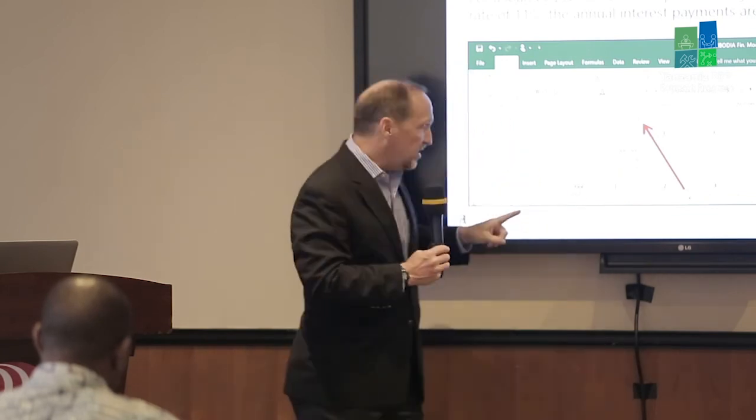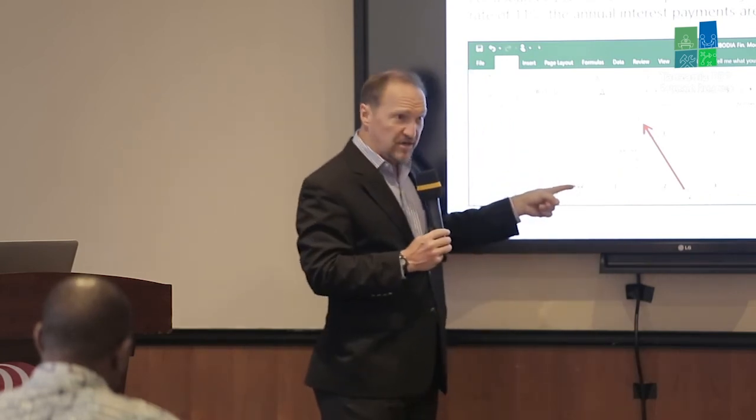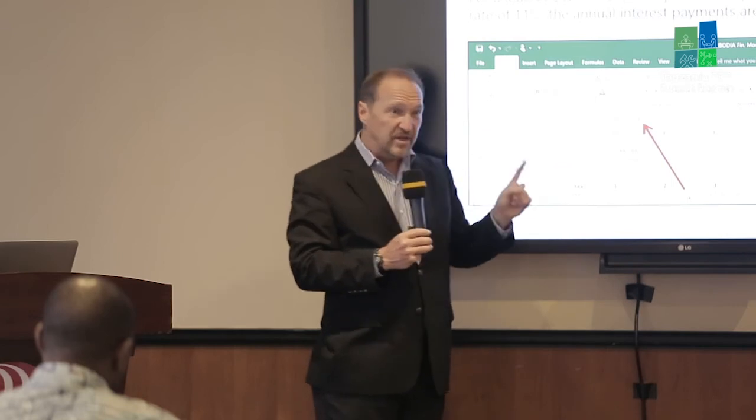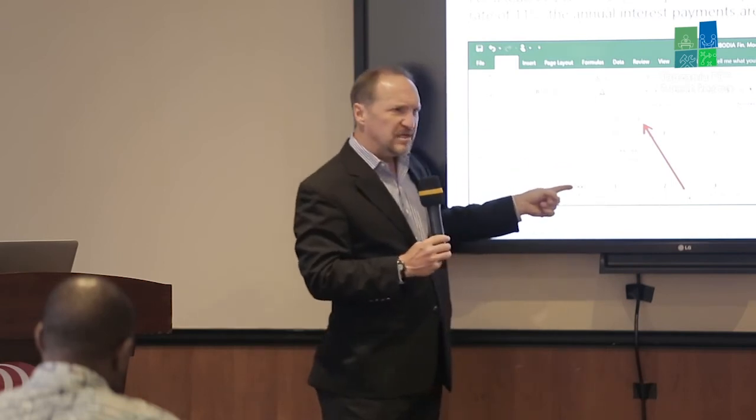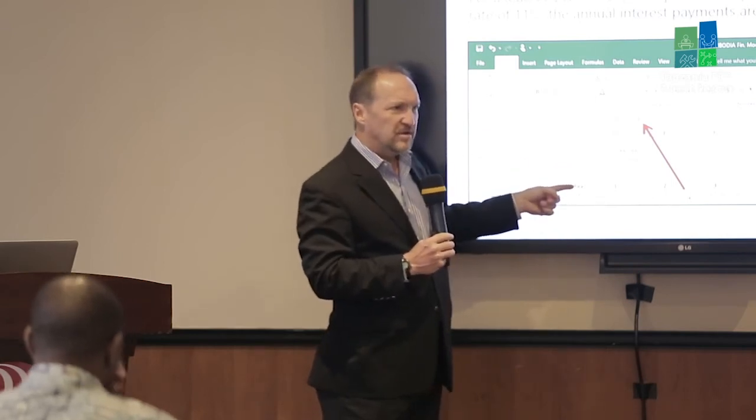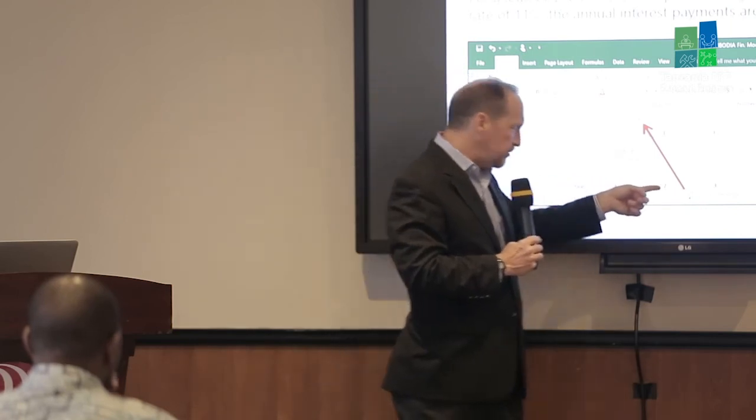Notice that I have also showed here the year. Take very careful note. Is it important? Is it kind of a waste of time to actually type in year 1, year 2, year 3, all the way up to year 6? It's not a waste of time because that number is an essential input in the formula here.